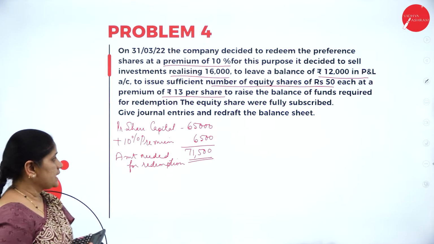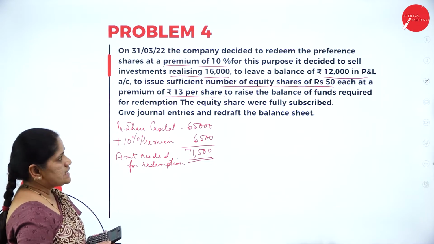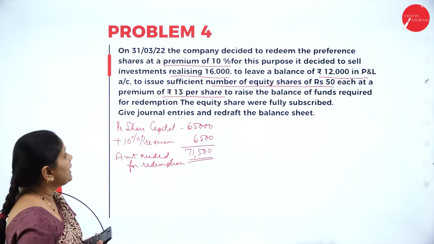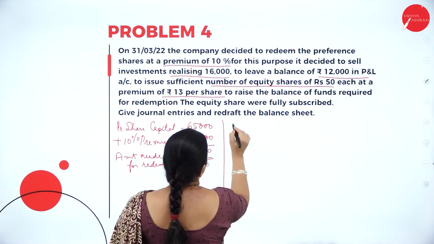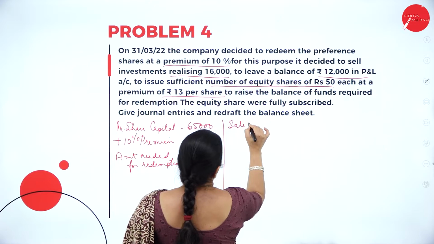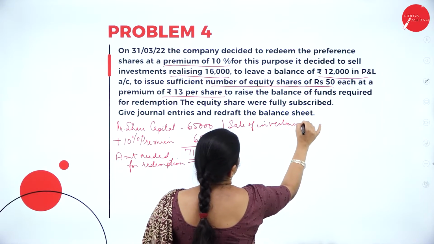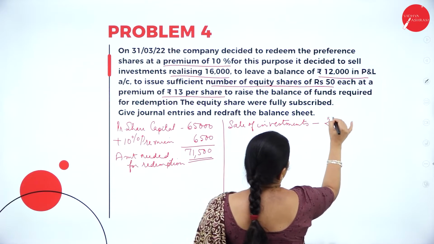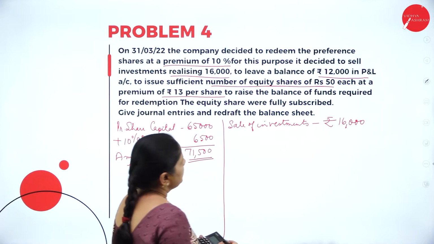Now, first thing is we have to adjust the premium account. So we will see what the company is doing to raise the money here. First thing is they are selling the investments. Rupees 16,000 they have realized.